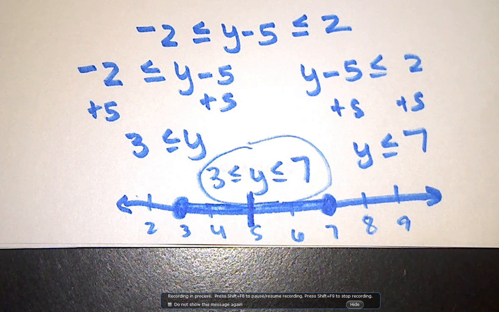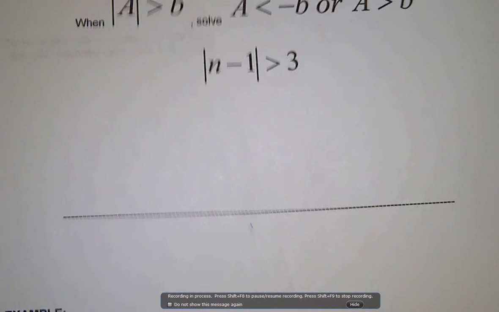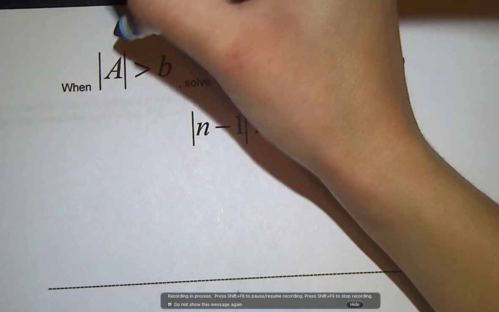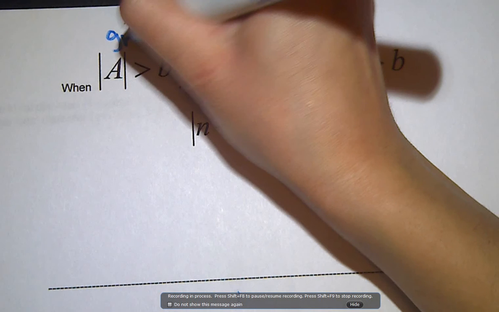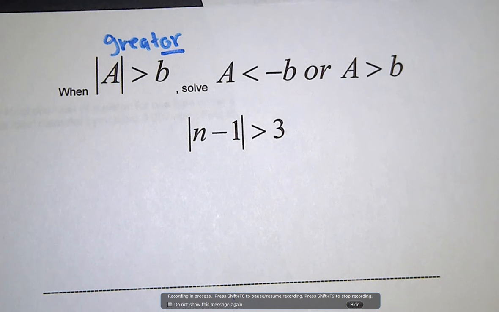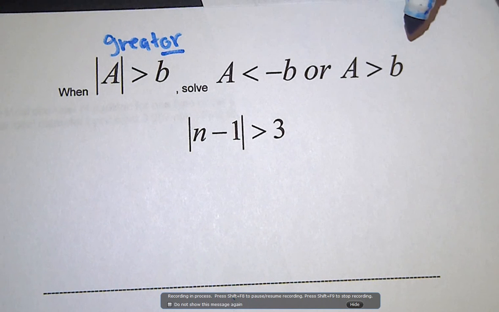Okay, so those were less thans, and now we're going to look at our greater thans. So here is our greater than rule. When the absolute value of A is greater, and I'm going to write greater above that so you remember, greater than B, you're going to solve this compound inequality.